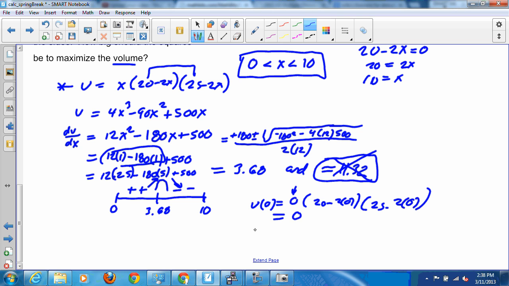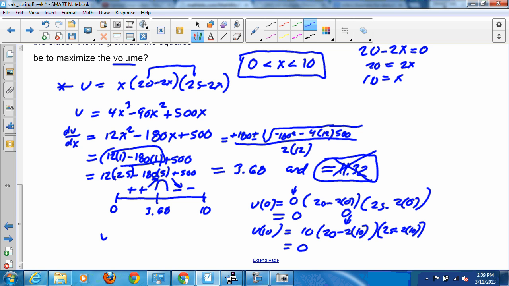We'll have no volume. And also, if we do it by 10, you get 10 times 20 minus 2 times 10. So this term is going to go to 0, and by the same reasoning we get 0 on this middle term. 0 times any of the other ones is still going to give me 0.